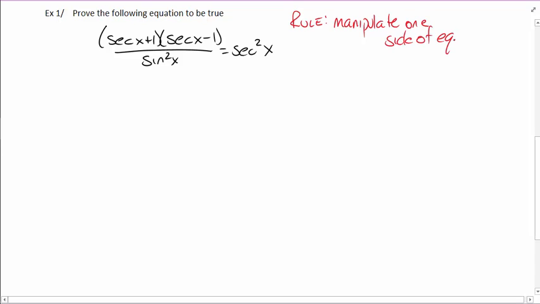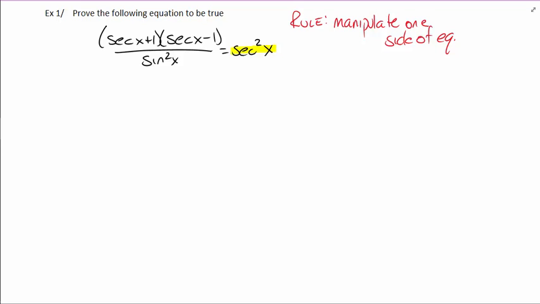In choosing which side I'm going to manipulate, I will almost always manipulate the more complicated side and simplify it down to be the more simple side. So we already know the answer here. The answer at the end is going to be that the secant squared of x equals the secant squared of x. But somehow I need to get the left side to equal the secant squared of x.